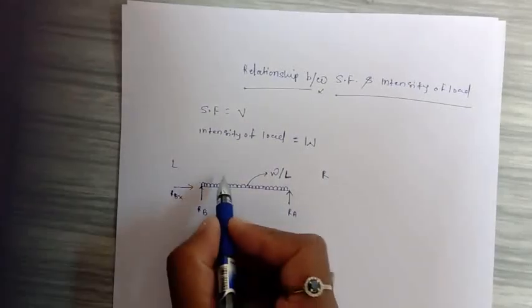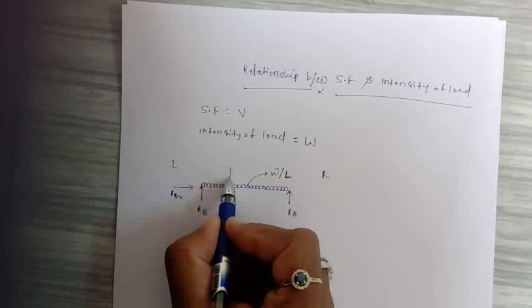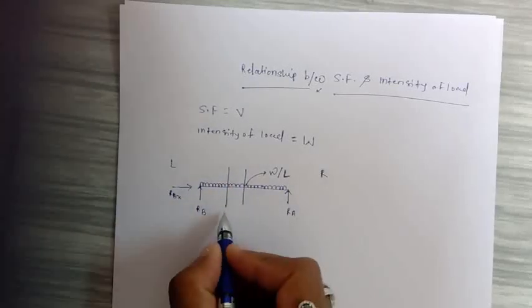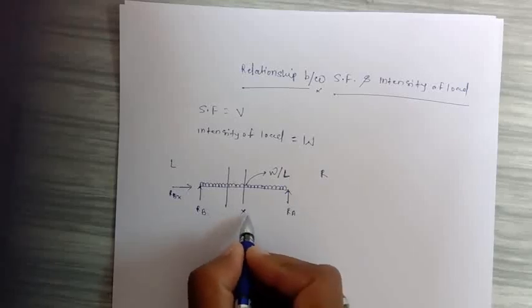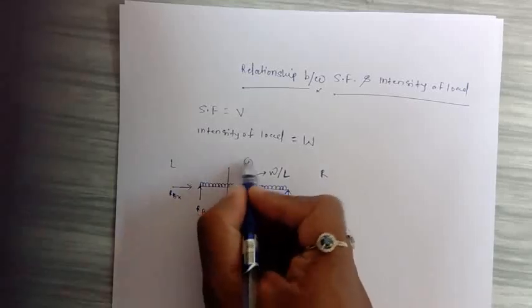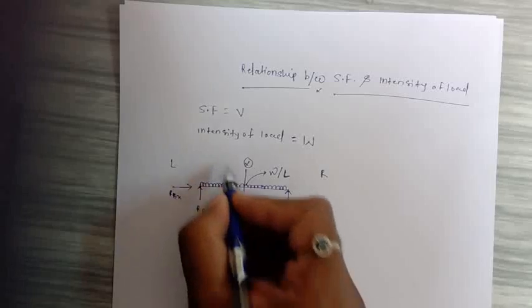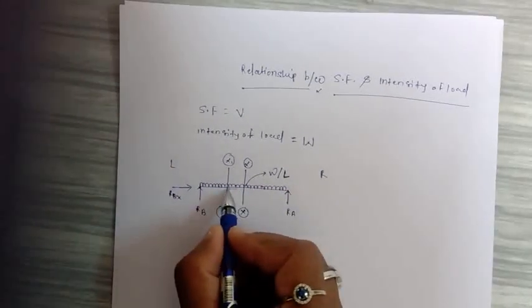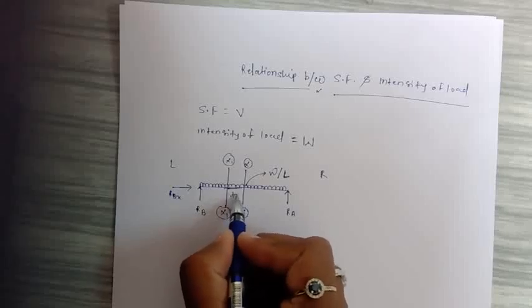So to build up the relationship between the shear force and intensity of load, let me cut a small section at the mid of this beam. This is the section XX we are cutting, and this is X1, and this small distance which we are cutting here is called the dx distance.